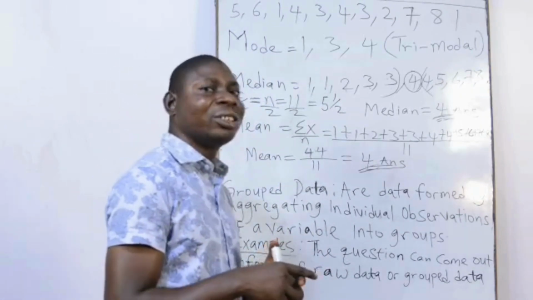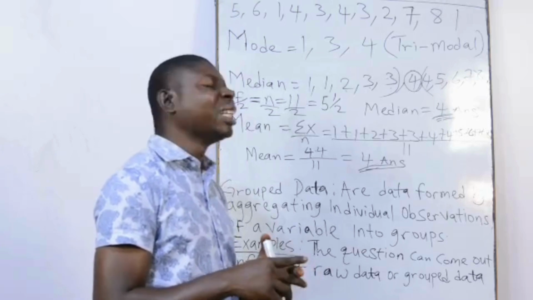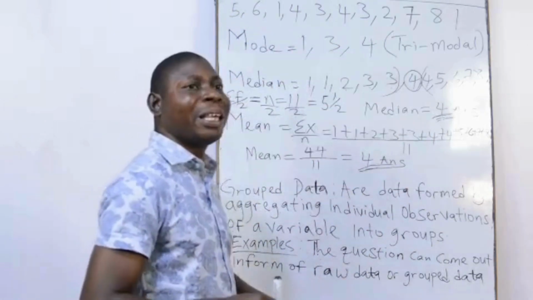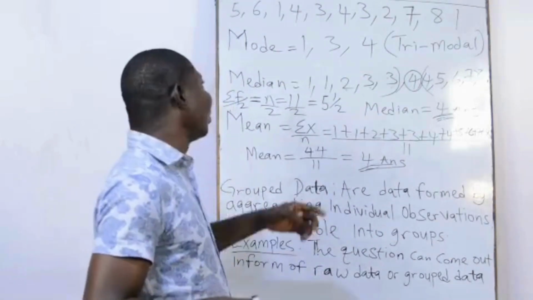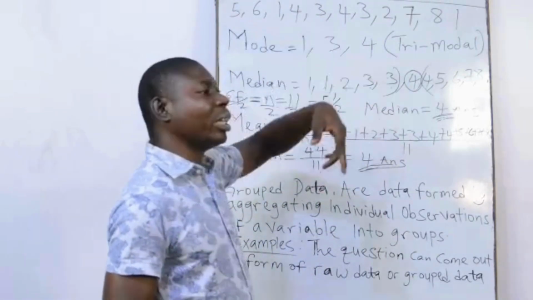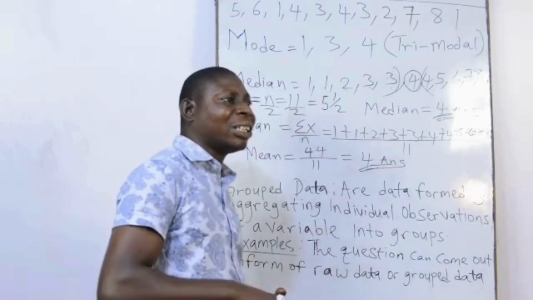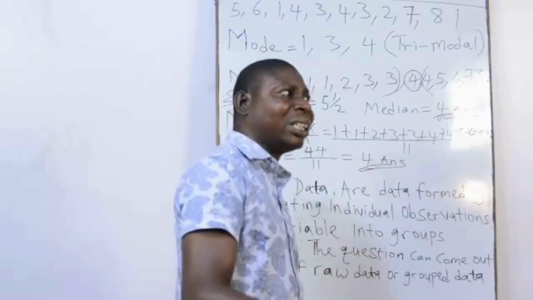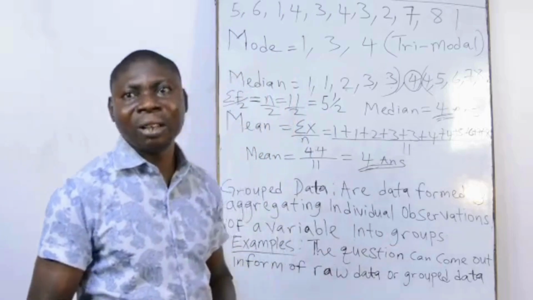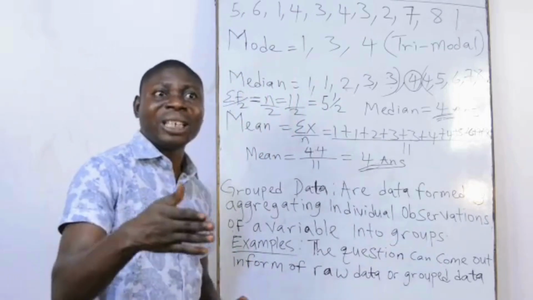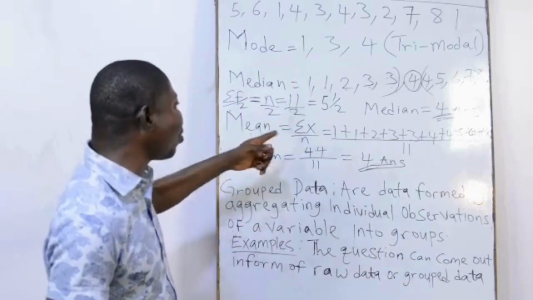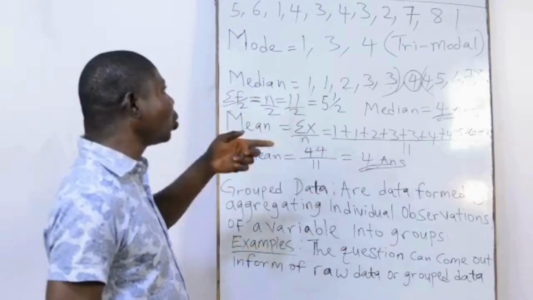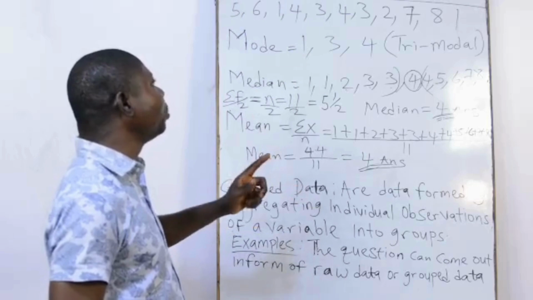Assuming they give you maybe 100 data, before you reach 100, adding 1 plus 1, 2 plus 3 will take a lot of time. So instead of using raw data, you will use group data.